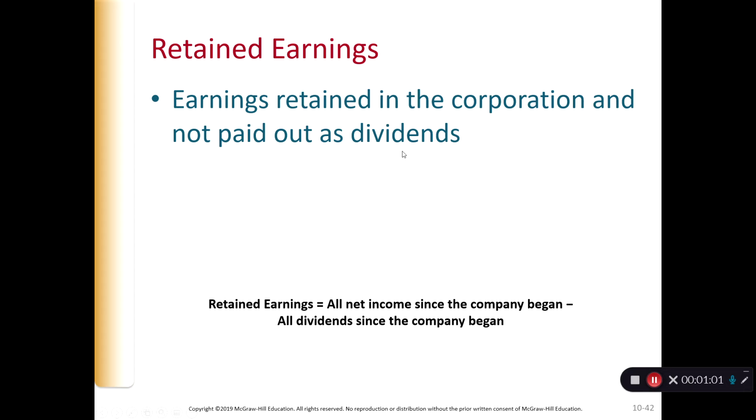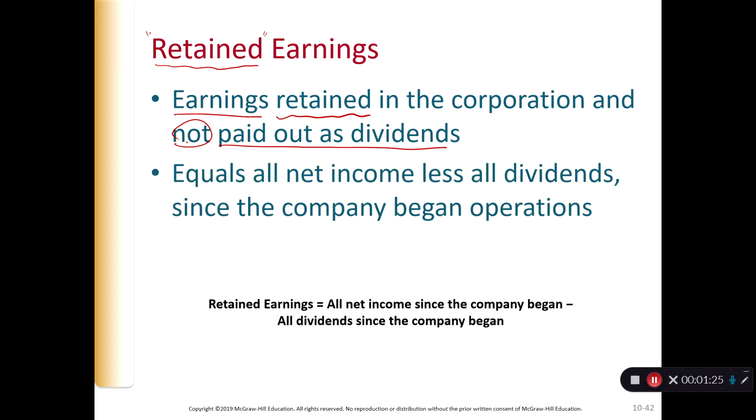Retained earnings. I remember in chapter 1 we talked about it. I said retained is kind of like an adjective. It's about things like left in, right, left out. So what retained means is earnings retained in the corporation and not paid out as dividends.